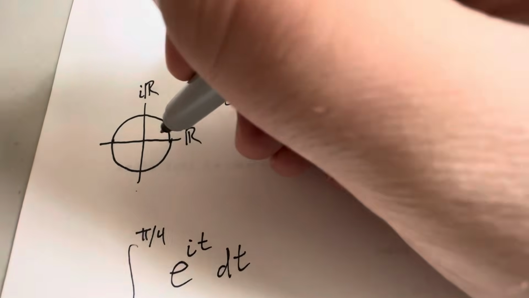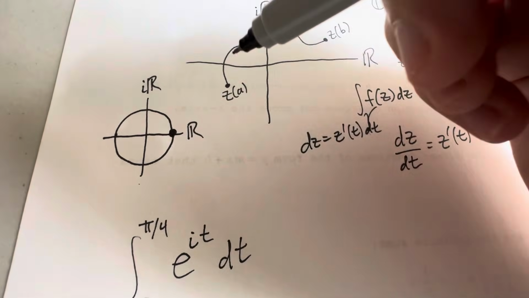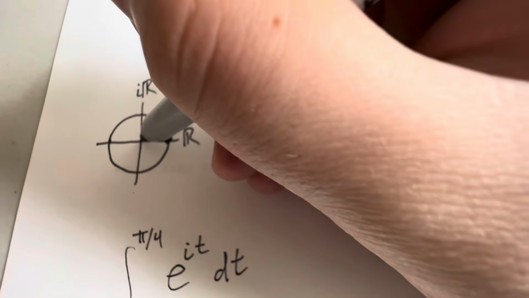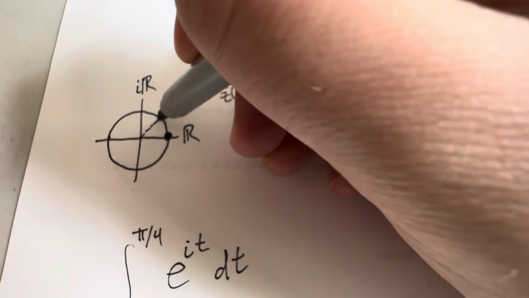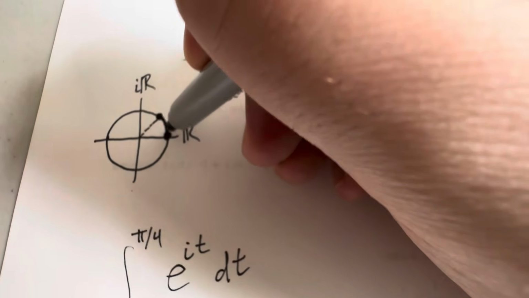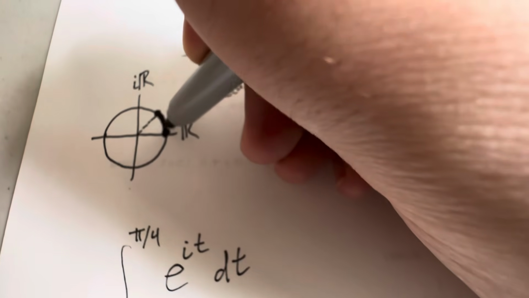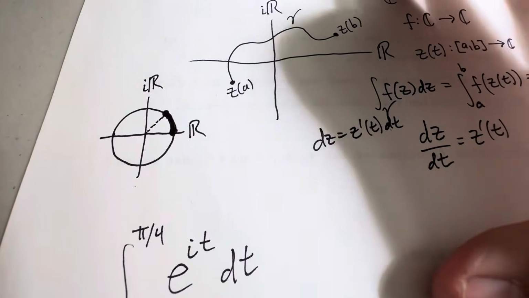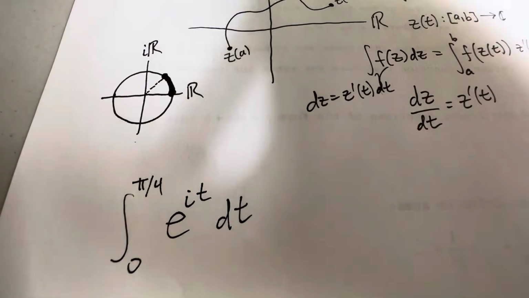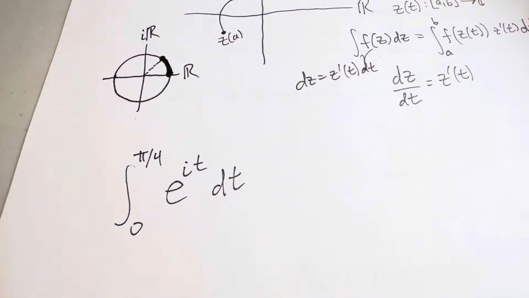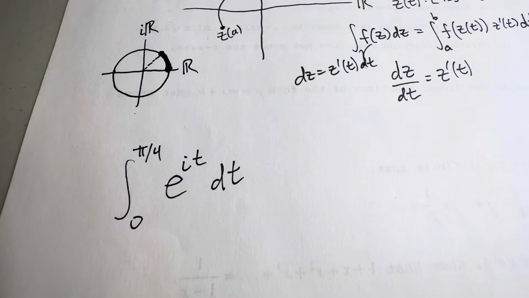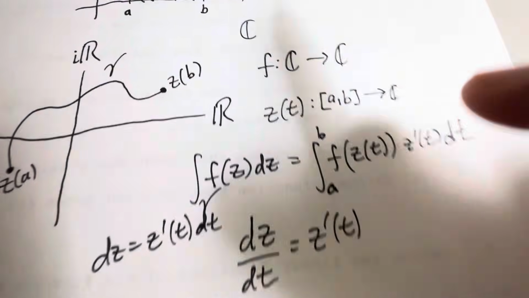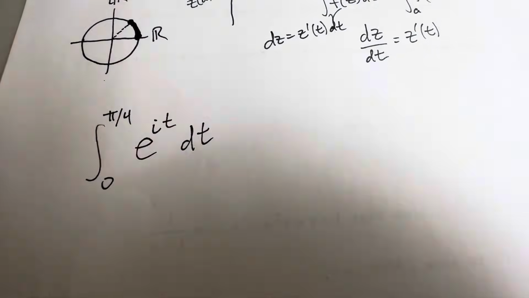So we start at 0 down here, and we go up to pi over 4, and pi over 4 is this halfway part. So my curve that I'm integrating over is that bit there. So this is exactly a parameterization, like what I've done here. So it's fairly simple to integrate.